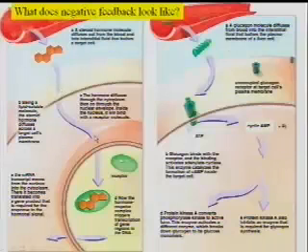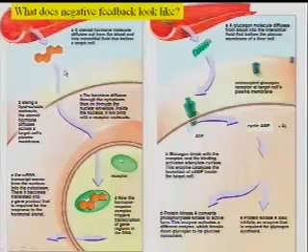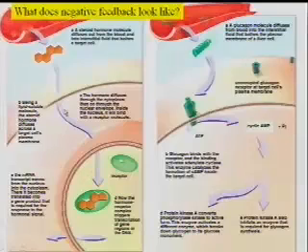So this slide is asking us the question, what does negative feedback look like? For the steroids, for the hormone or hormones 3, there are types of steroids. For steroid hormones, as hormone or hormones 3, it's freely diffusible from the plasma in the anterior pituitary.